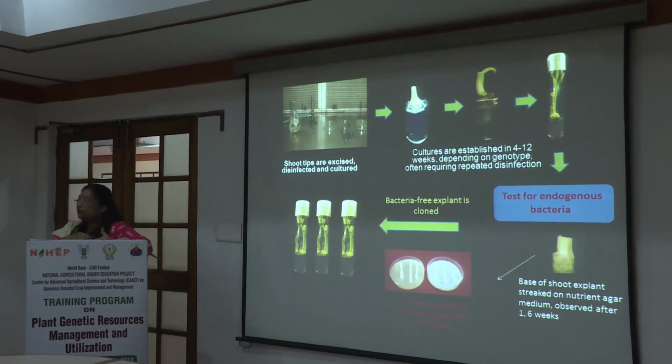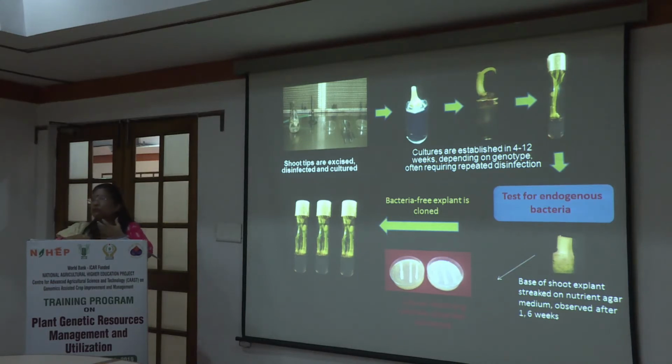Most of the crops that we are dealing with, by now we have standardized in vitro multiplication media. So we can use that, or a new one can be devised for a specific requirement, or if it is not available in literature. So the initial explant is allowed to multiply.